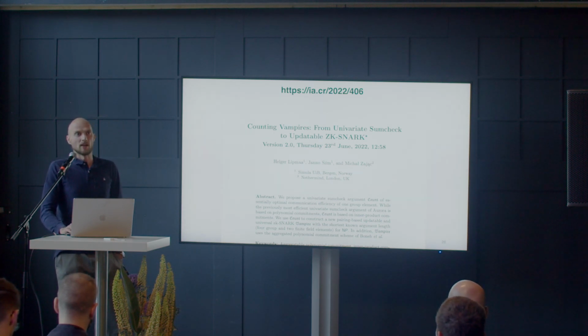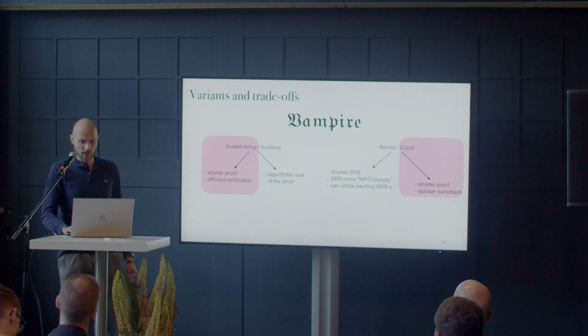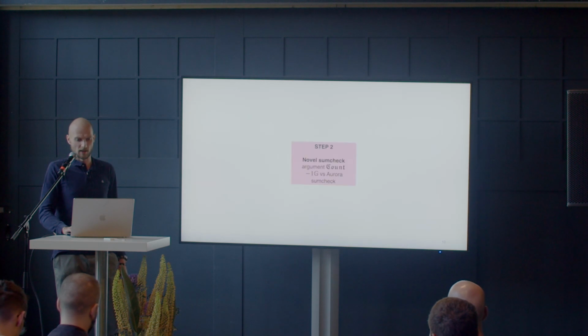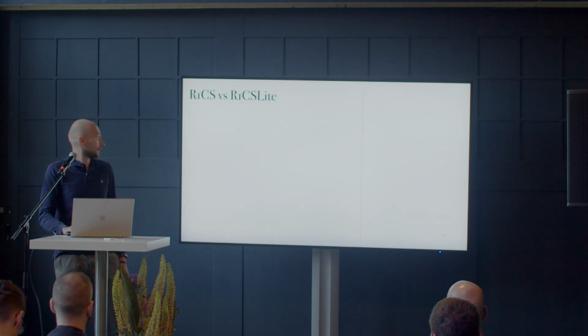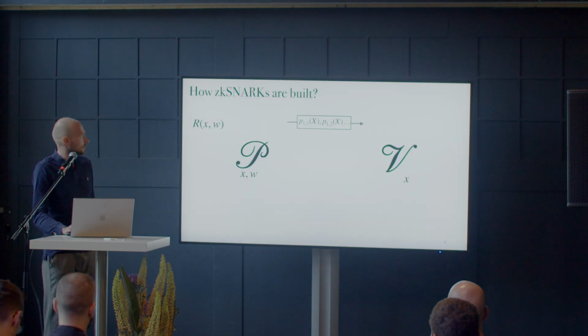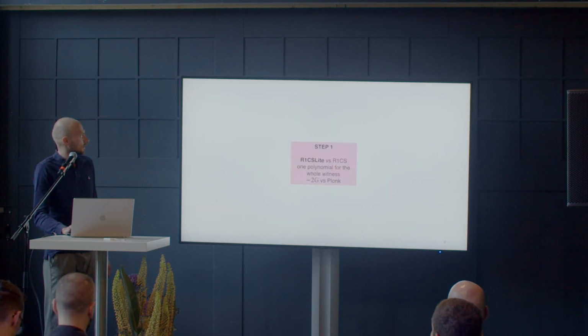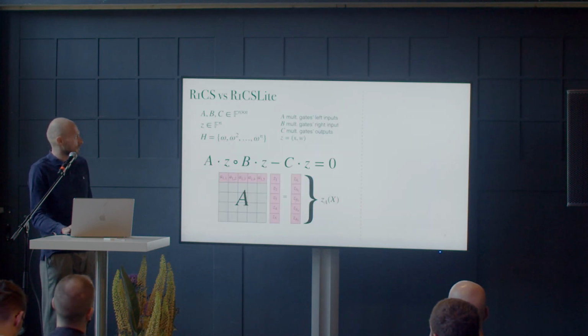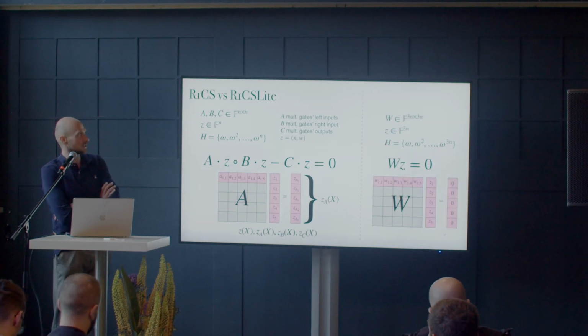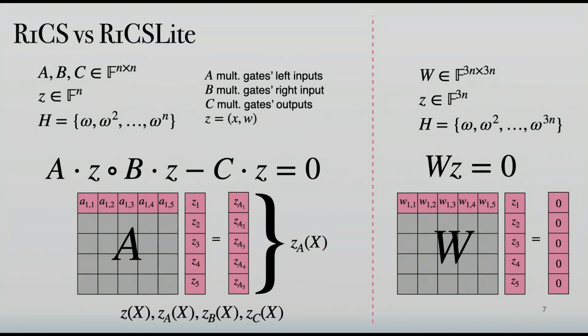So the thing is that I think the biggest trade-offs we have in this setting come from, sorry, let me go back, this R1CS versus R1CS Lite. Here, we need to evaluate bigger matrices, right?